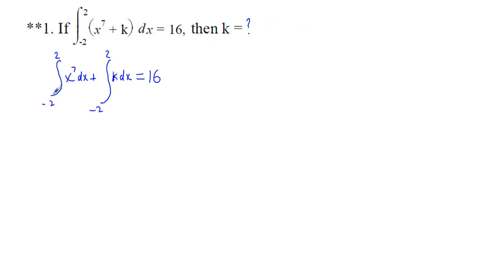So I'm going to take this first integral on the left and work it up here. So we have the integral from negative 2 to 2 of x to the 7th power dx. I already know what this is, so I'm pleading ignorance at this point. What we're going to have is x to the 8th power divided by 8, and we're going to evaluate that from negative 2 to 2.